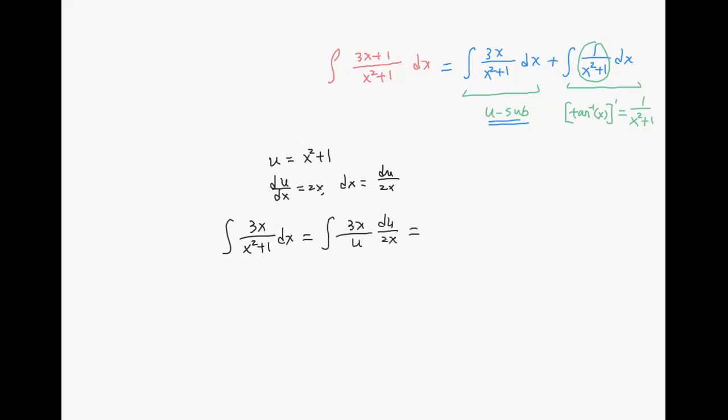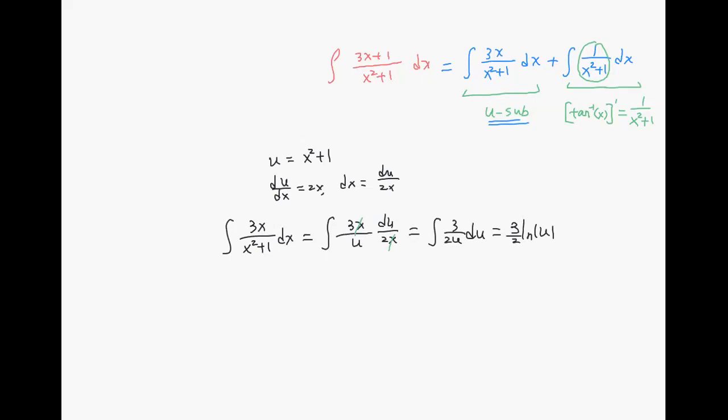All right, now in this case, as before, we can cancel this x, so the answer will be 3 over u and then du. Obviously, the antiderivative involves the natural log of u. Of course, we have 3 over 2 as the coefficient. I guess I forgot the number 2 here.